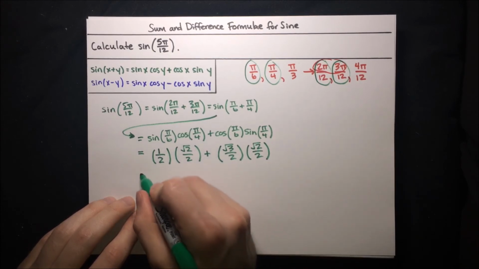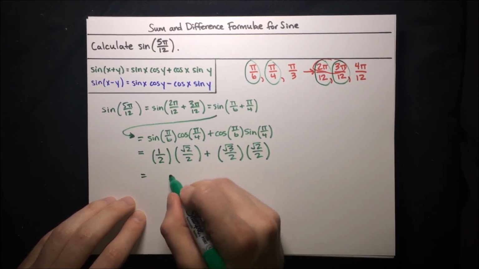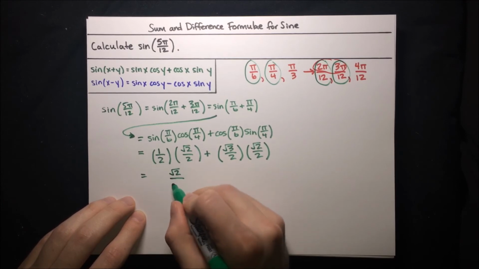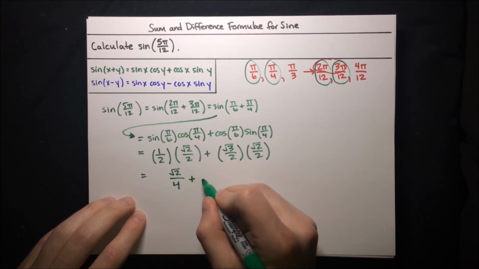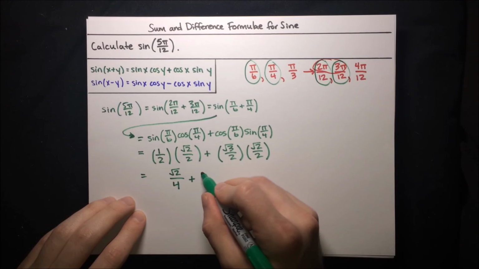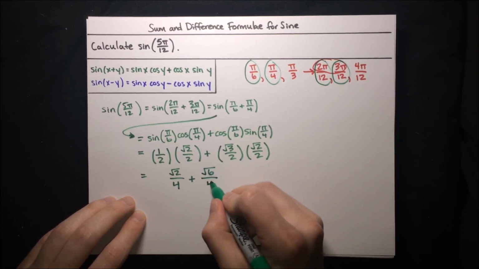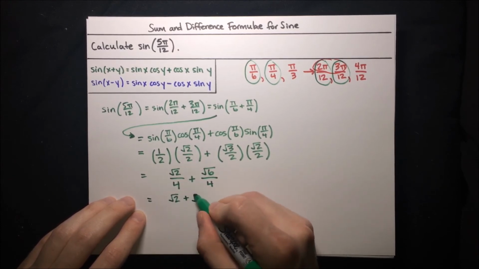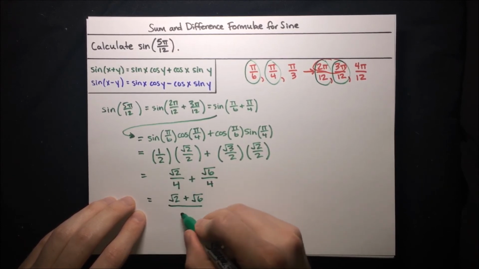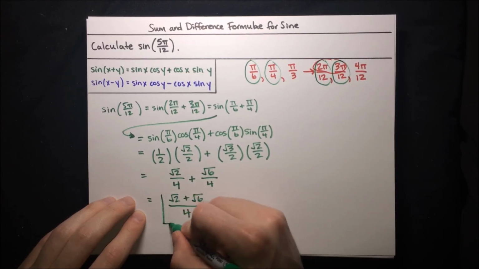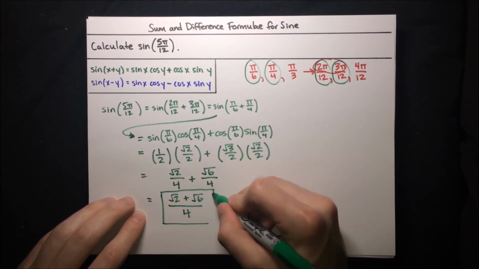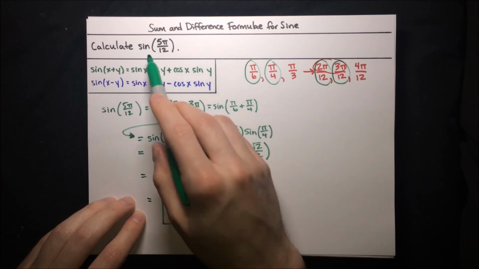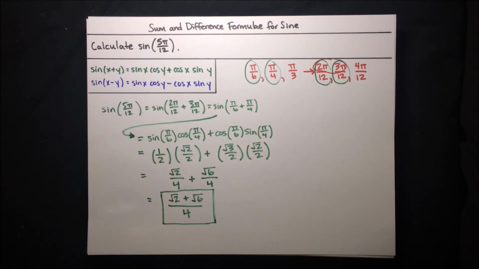And then we've got 1 times root 2, that's root 2, over 2 times 2 is 4. Then plus root 3 times root 2, so root 6, over 2 times 2 is 4. So we've just got root 2 plus root 6 all over 4. And there we have it. There's our value of sine of 5 pi over 12.